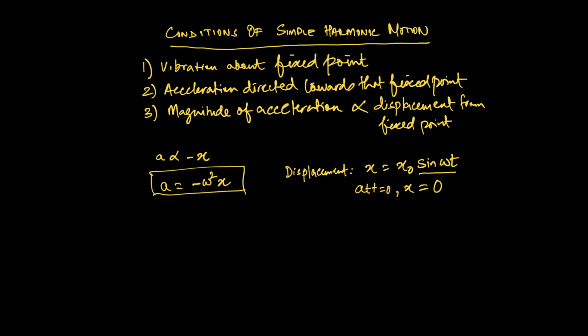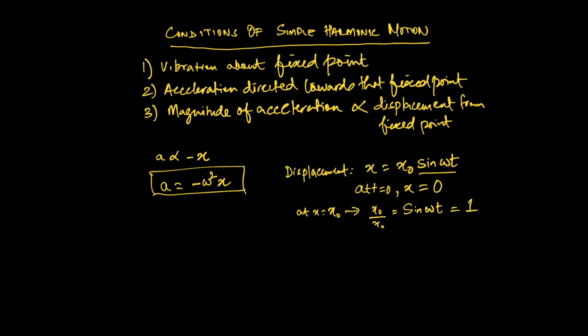So this also leads us to an interesting way of looking at it. What happens when x equals x naught? So when x equals x naught, let's write this out. At x equals x naught, basically the equation becomes x naught divided by x naught is equal to sine of omega t, or it's equal to 1.